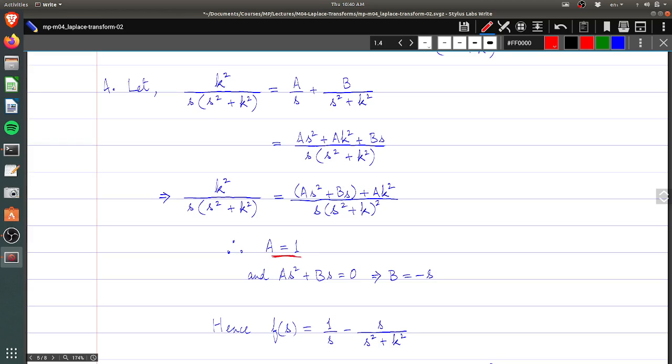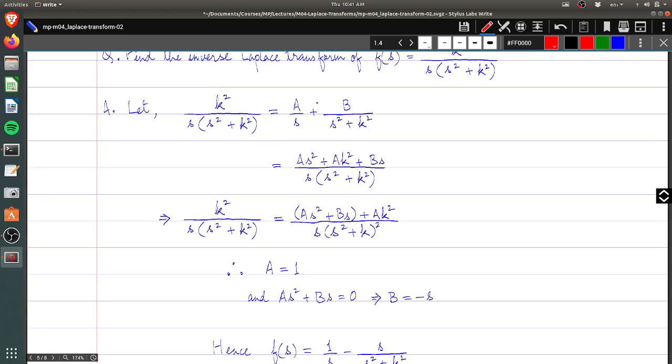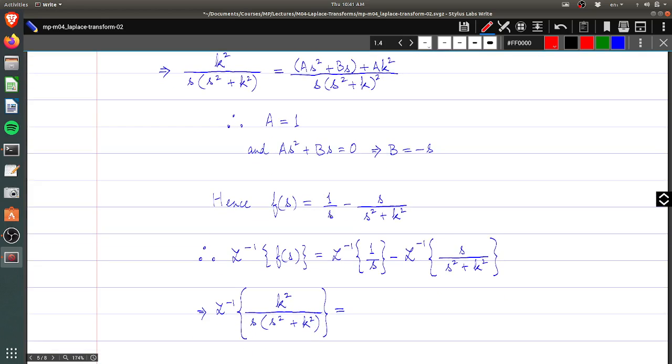Okay, and secondly there is nothing else here, so this entire thing must be equal to 0. So it means a s square plus b s must be equal to 0, which means because a is already equal to 1, so we substitute 1 here, which gives us b is equal to minus s. So substituting a equal to 1 and b equal to minus s, that gives us f of s equal to 1 by s minus s by s square plus k square.